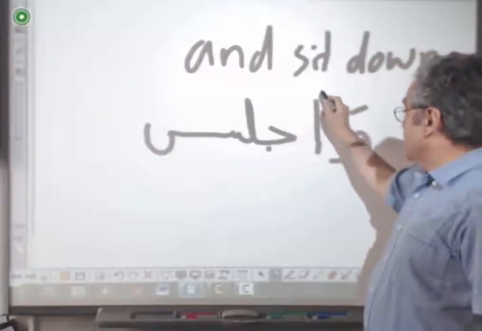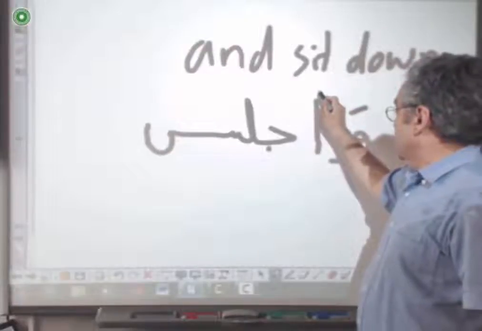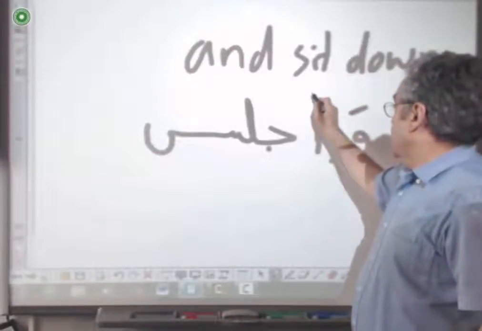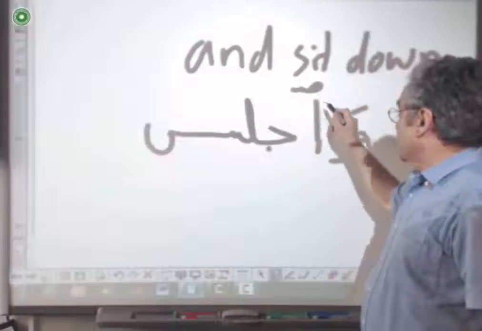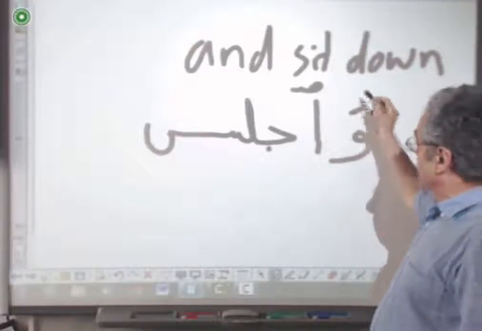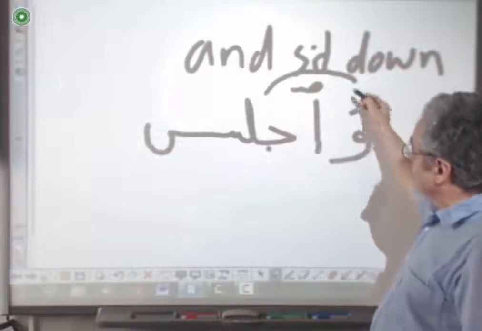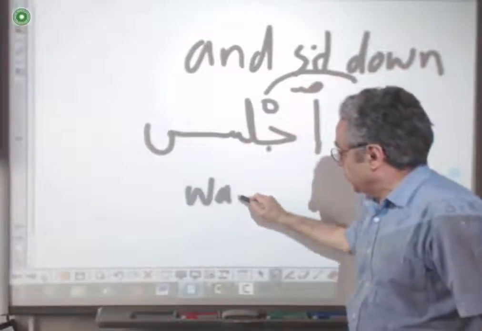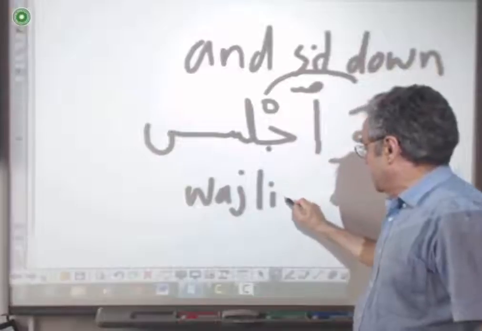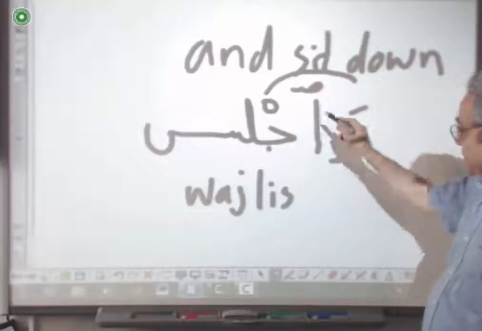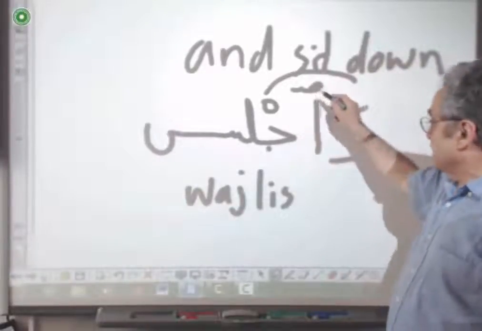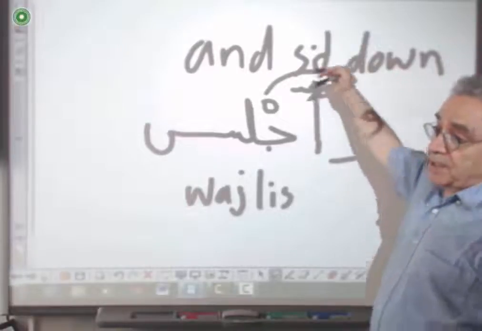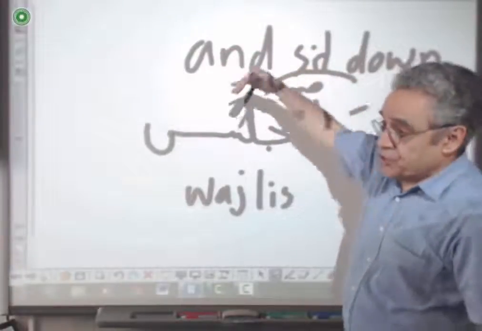Usually you will see this symbol, especially in the Quran, this small one, it indicates that you are going to bridge it. You are going to go straight to it, so if I want to write it here, it will be wedgeless. So whenever you see this symbol, it indicates that that is like a bridge.